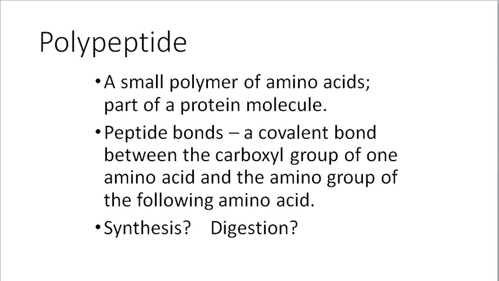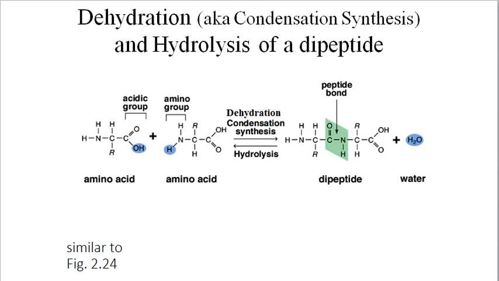Guess what? You're already familiar with the chemical reactions used to synthesize and also to digest polypeptides in proteins. Our old friend condensation synthesis is used to create peptide bonds between two amino acids.